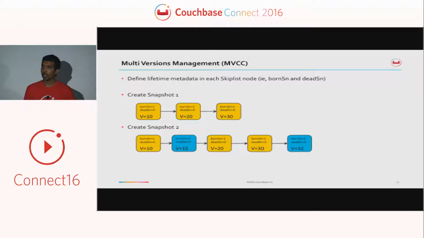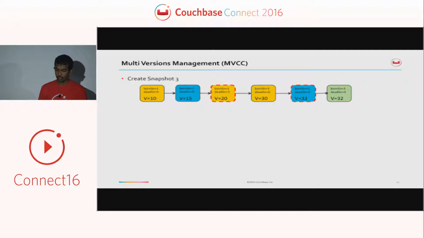Every time you add an item, it is always in the corresponding sorted order. These blue boxes correspond to items in the second snapshot. Now, if we add more items, those items will get born snapshot number as 3.